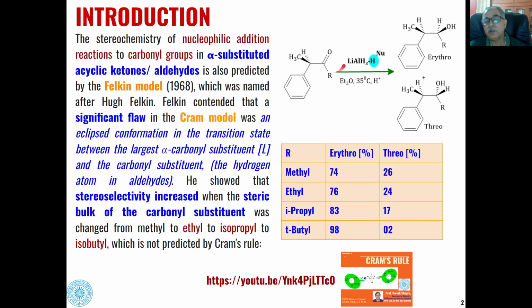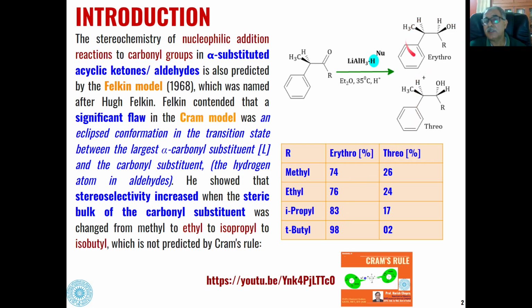For example, when we do the lithium aluminum hydride reduction of this ketone, where R changes from methyl to ethyl to isopropyl to tertiary-butyl, the diastereoselectivity increases.